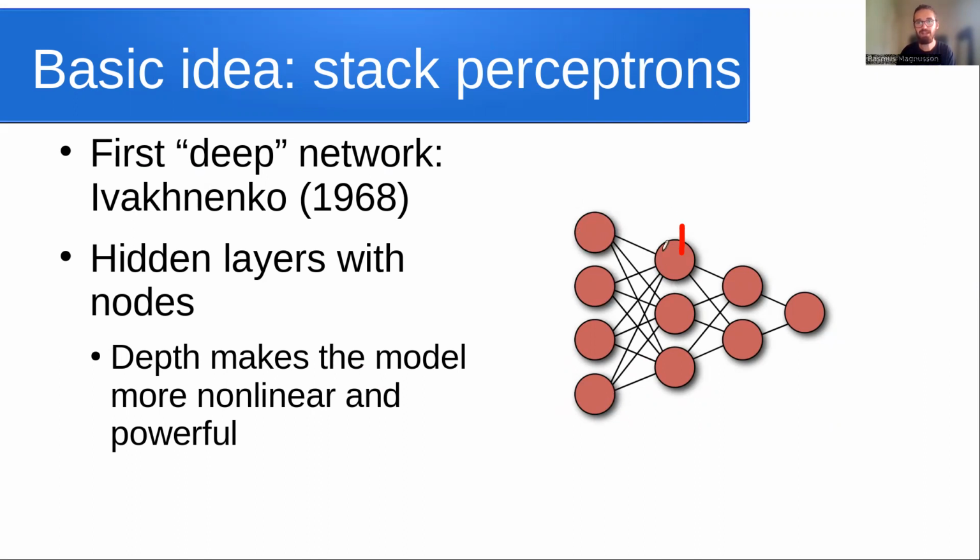And if you have many layers of hidden variables here in the middle of what is now a neural network, a network of many perceptrons, since you introduce nonlinearities, the bigger you get, the more complex dynamics you're able to model between the inputs and the outputs. So you're making the model more powerful in terms of what kind of dependencies it's able to implement.